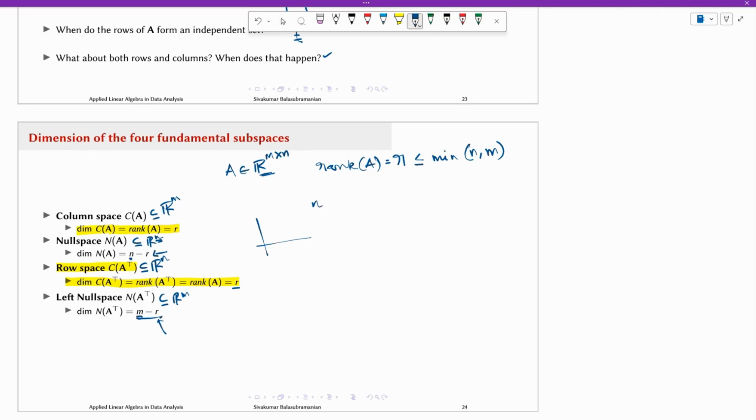Okay. From this now you can tell me, let's say I have a matrix, m cross n again. What if R is equal to n? What can you say about the dimensions of the four subspaces? Null space is 0.